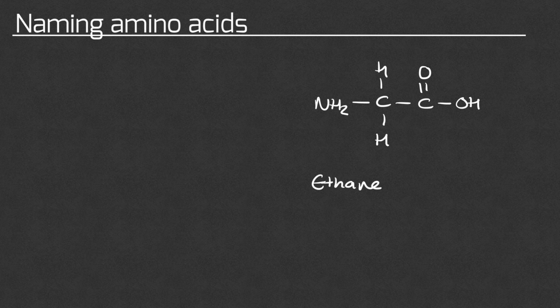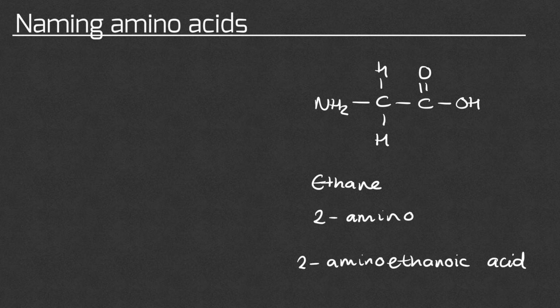You'd start off by identifying what carbon chain you're looking at. So in this case, we've got 2 carbons in the chain, so the base of the name would be based on ethane for 2 carbons. We'd then look at where the amino group is. So our amino group is on carbon 2, because as this is a carboxylic acid, this carbon here will always be carbon number 1, regardless of the length of any of the chains present.